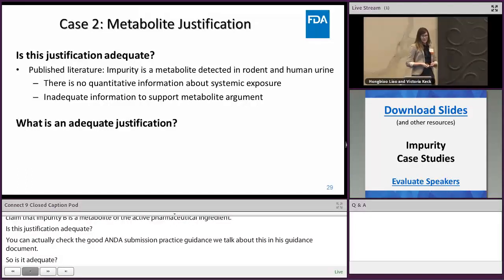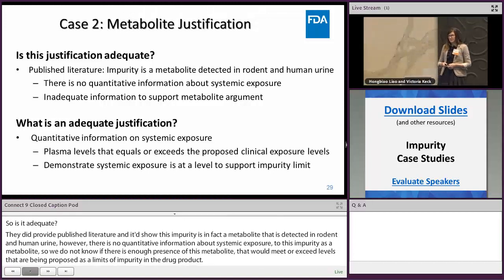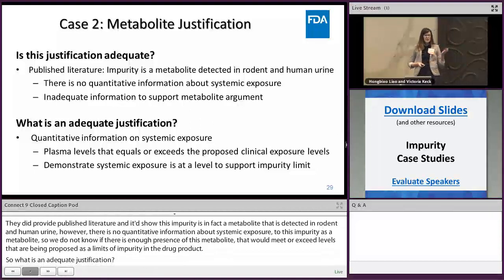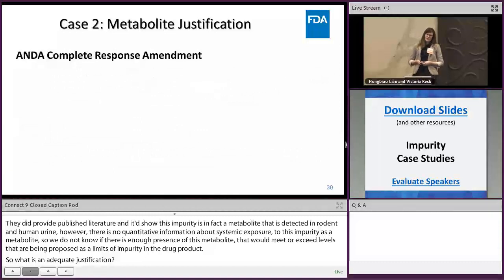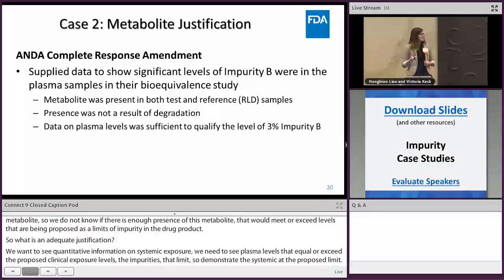So what is inadequate justification? We want to see quantitative information on systemic exposure. We need to see plasma levels that either equal or exceed the proposed clinical exposure levels of your impurity's limit. So, demonstrated systemic exposure at a level to support the impurity limit that you're proposing. So for this company, they went into complete response, and then they submitted an amendment. And they did something unique that we don't often see.